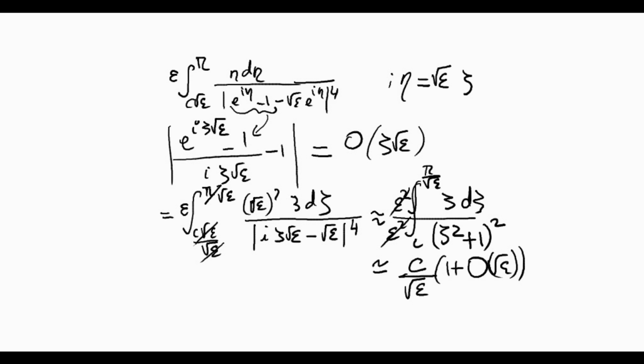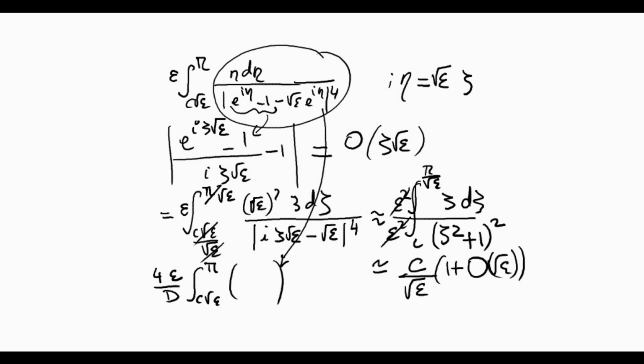So in summary, the term 4 epsilon divided by d multiplied by this integral from c square root epsilon to π can be approximated as c divided by d square root epsilon. No, I'm sorry, this is incorrect. There are no terms in square root epsilon here, because this is a constant that we're going to get.